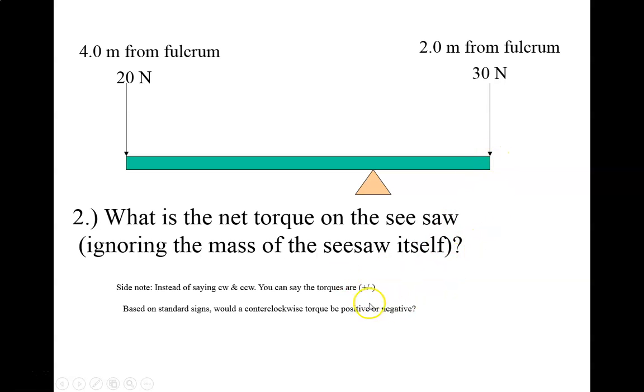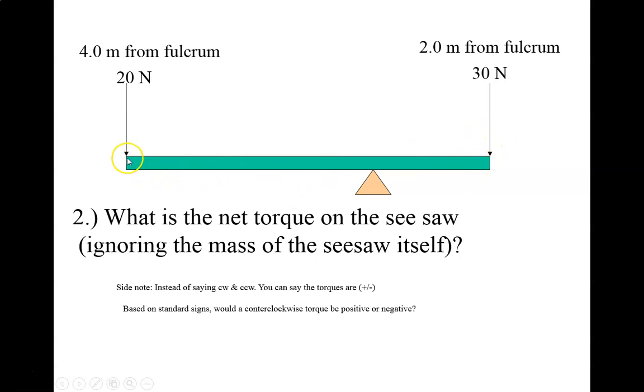Think about the direction of the force and the lever arm. My lever arm is to the right of the axis of rotation, so that would be positive because it's in the plus x direction. My force is down, which would be negative. So this would be a positive times a negative, which would be a negative torque. Okay, so clockwise is a negative torque.